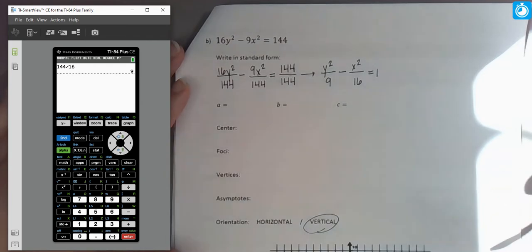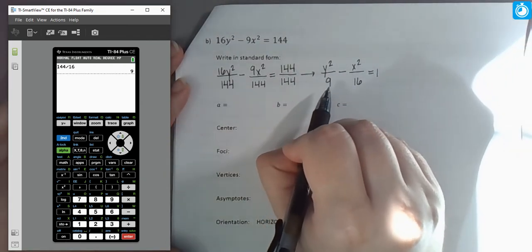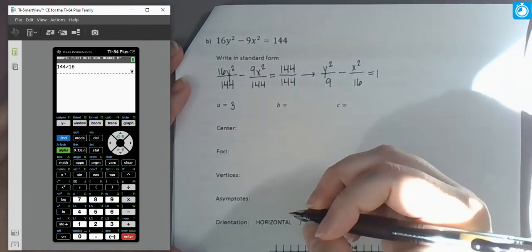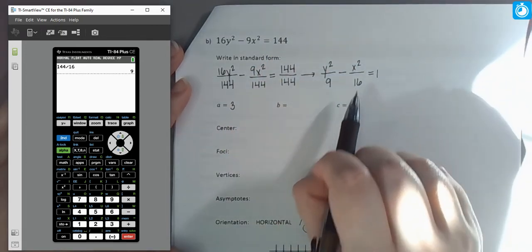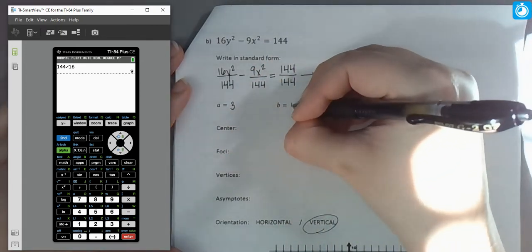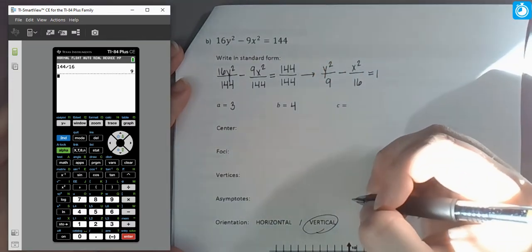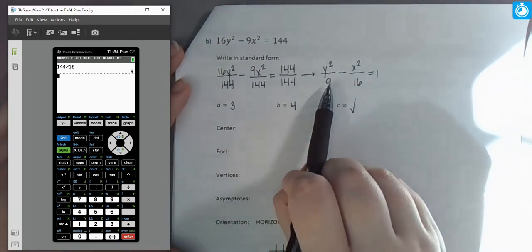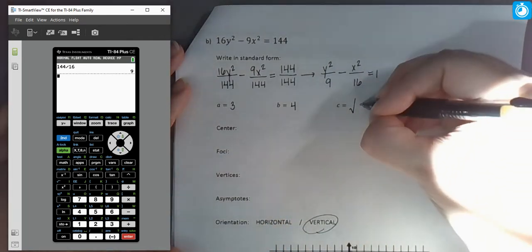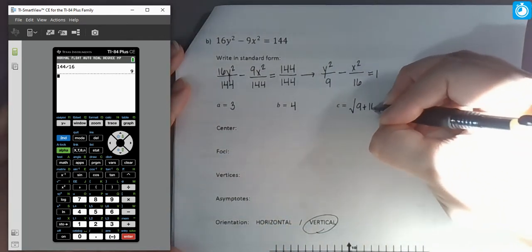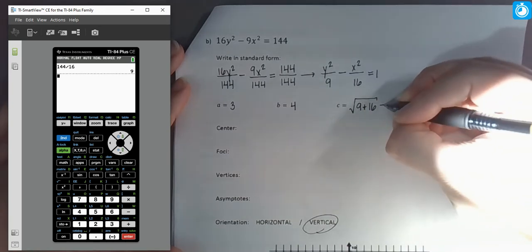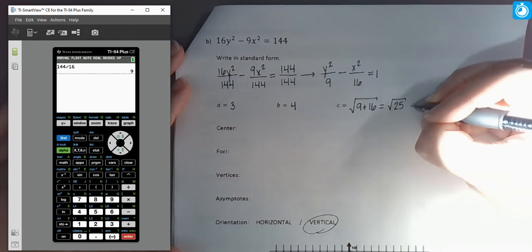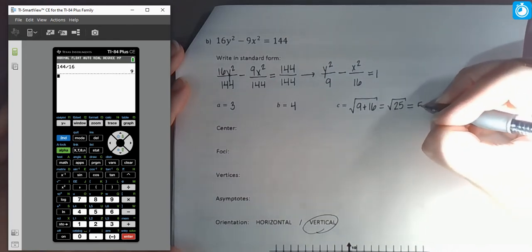Okay, so a squared is going to be 9, which means a is going to be 3. b squared is going to be 16, which means b is going to be 4. And c is going to be the square root of a squared plus b squared. So 9 plus 16, which is the square root of 25, which is 5.